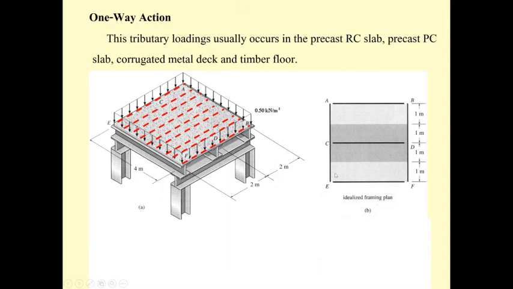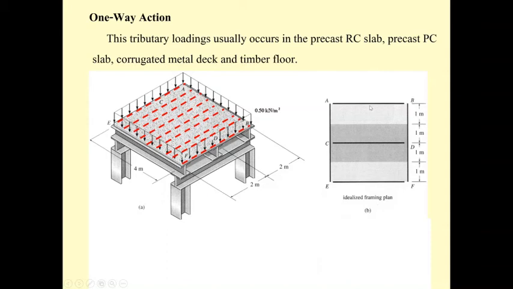When the load transfers from the floor, you can see that the small beam will take a portion of the force. If you consider this slab, half of the slab goes to the middle beam and another half goes to the lower beam. Also, if you consider the area here, half of this area transfers to the middle beam and half transfers to the top beam.